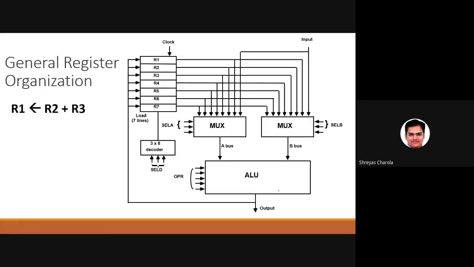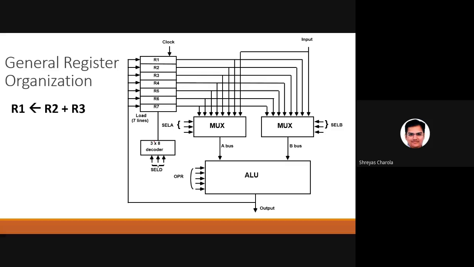No. 2⁵. How many bits are here? Total 5 bits are there. So how many possibilities of instructions? 2⁵. Is it clear, all of you? Why 2⁵? Yes, sir. Clear.